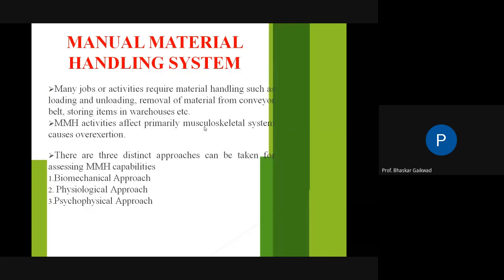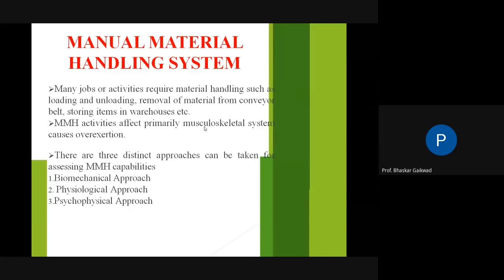This is also studied. Psychophysical means a combination of both, means the mentality of that person, experience of that person, then how much the capability of that person is. This comes under point three. So these 3 points you have to consider while doing material handling manually.